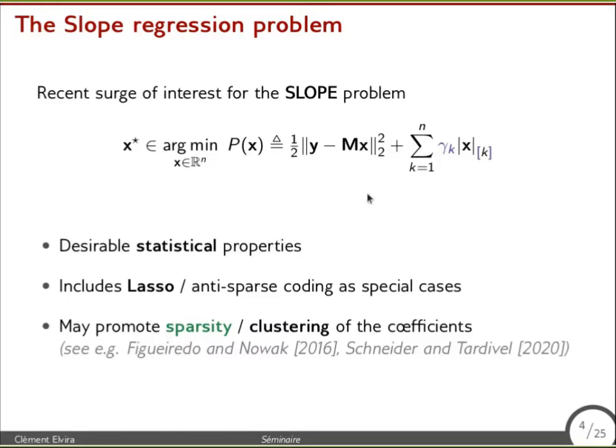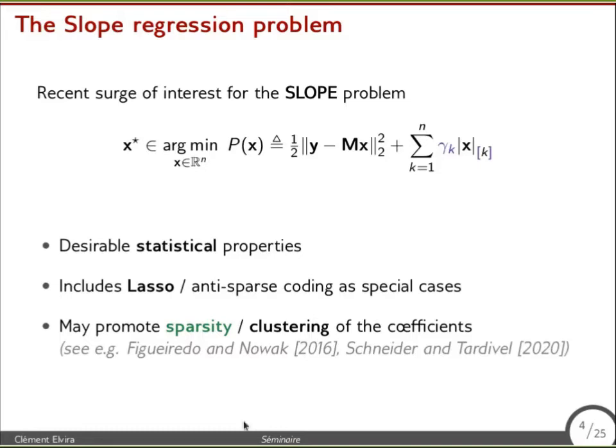At this stage, I also want to mention that I will assume throughout the presentation that the columns of M are unit norm, so the norm of each column is 1. It will ease the exposition and simplify the results. However, this can be done without loss of generality, and it is not that difficult to extend the results.